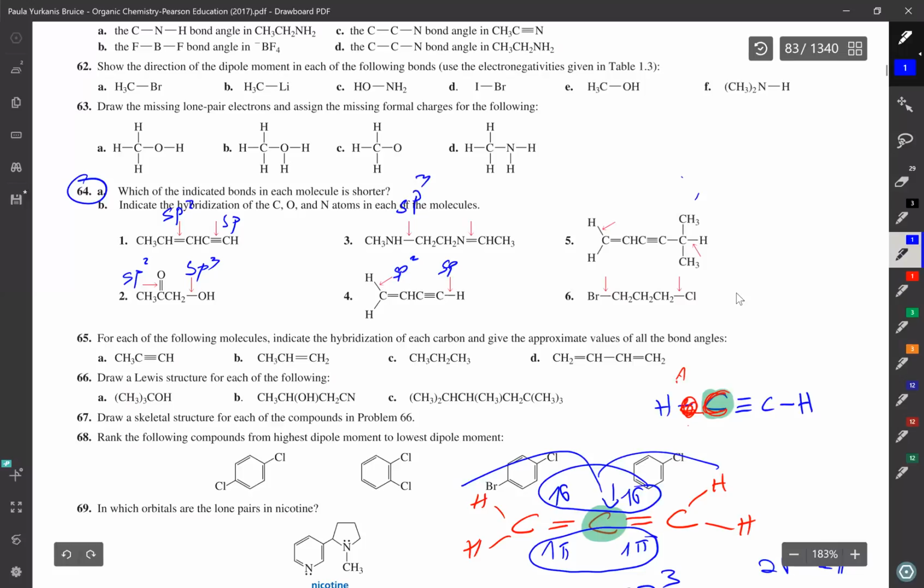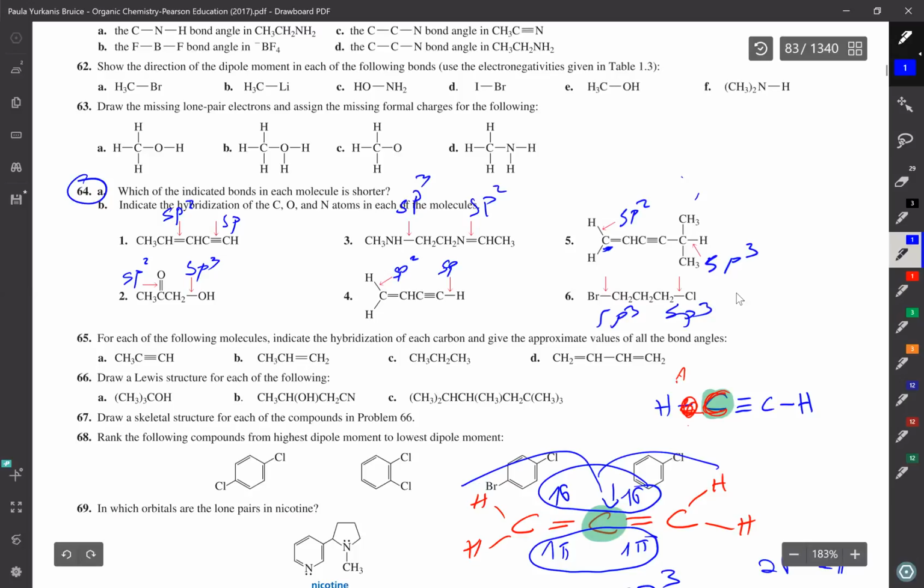Over here, it would be an sp2. Here, same story. It is a carbon that originates from a double bond, so this will be an sp2. On number 5, we're looking at this guy. That guy will be an sp3. And so on and so forth. The rest are sp3.